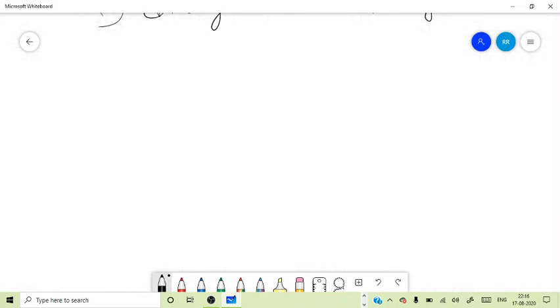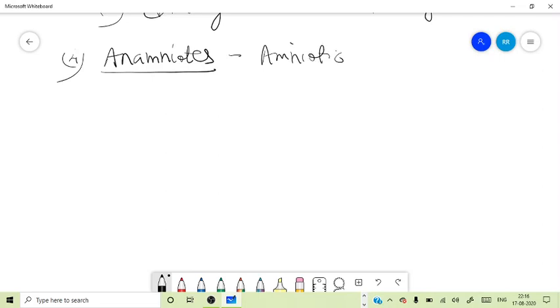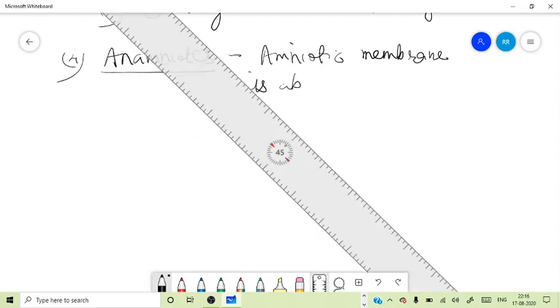Next, the fourth point. Here is an important character: amphibians are anamniotes, that is, the amniotic membrane is absent.